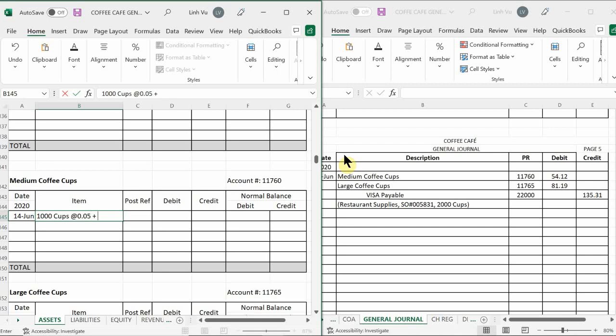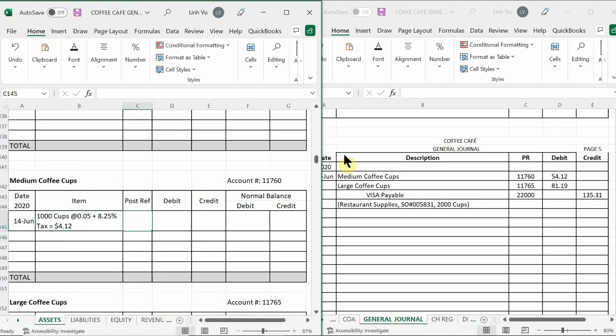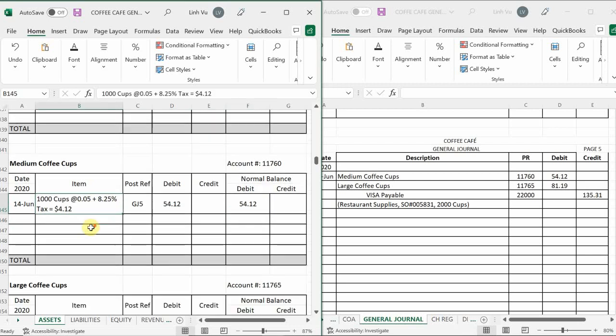Plus 8.25% tax, which yields you $4.12. General Journal, page 5 now. And we have it for $54.12. Okay. For any reason that we may have to return one of these cups, then we know we should be roughly getting this much amount.